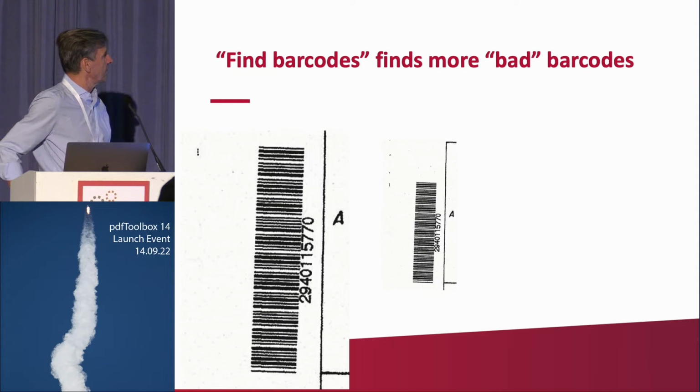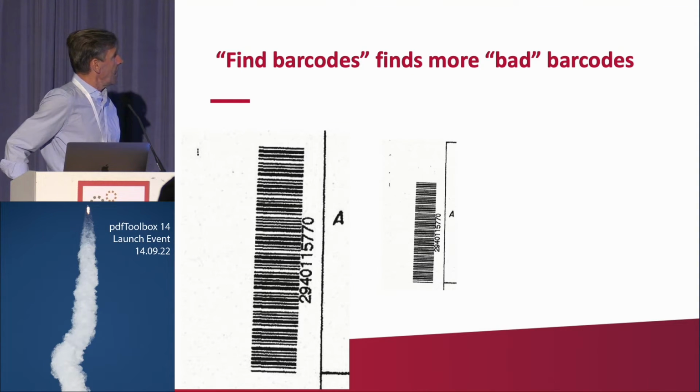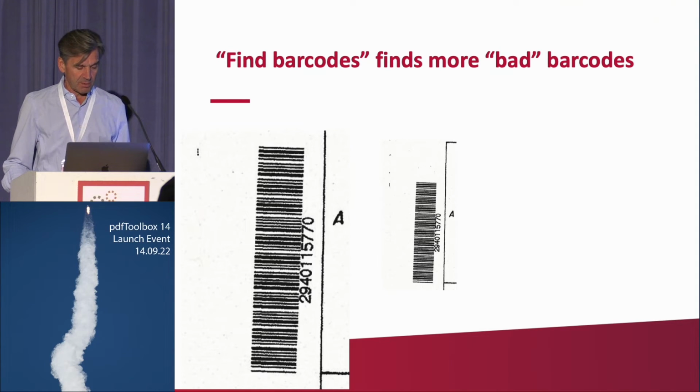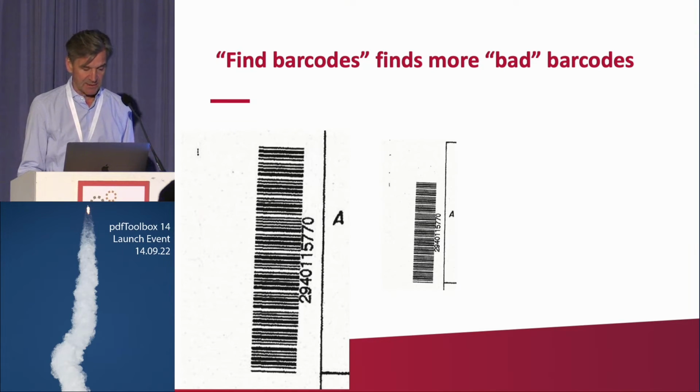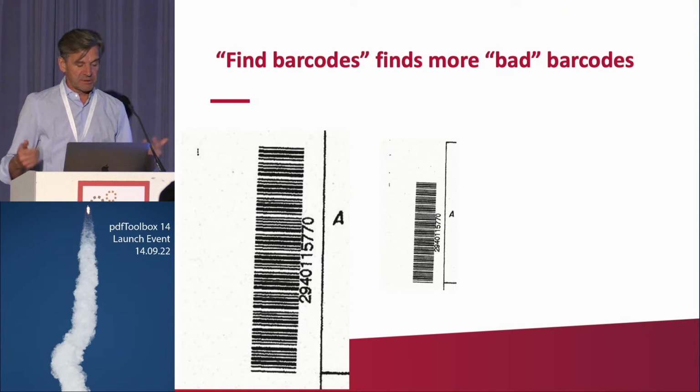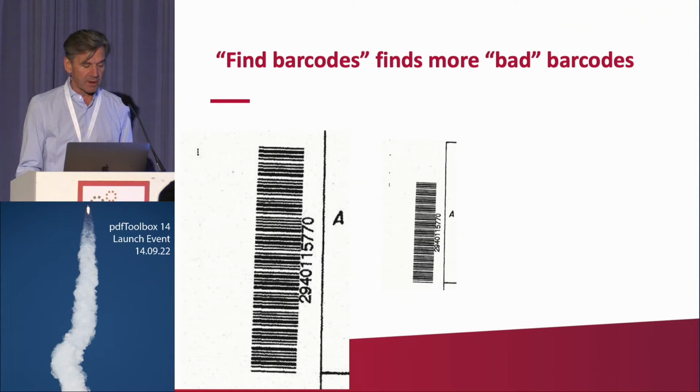I hope that you can see that this is an edge case of a barcode. It's more something like a line code or a curve code or whatsoever. It's a really bad scan. However, in pdfToolbox 13, pdfToolbox would just say, okay, there aren't any barcodes.